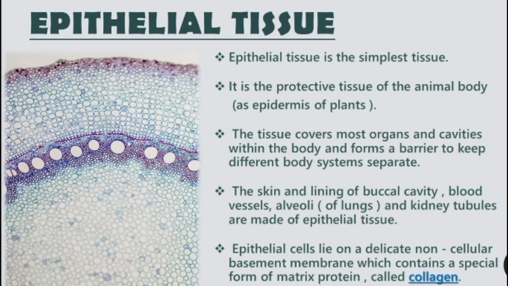Epithelial cells lie on a delicate non-cellular basement membrane which contains a special form of matrix protein called collagen. As I already said, epithelial tissue has no blood vessels between the cells, because the basement has a special form of matrix, a protein called collagen.